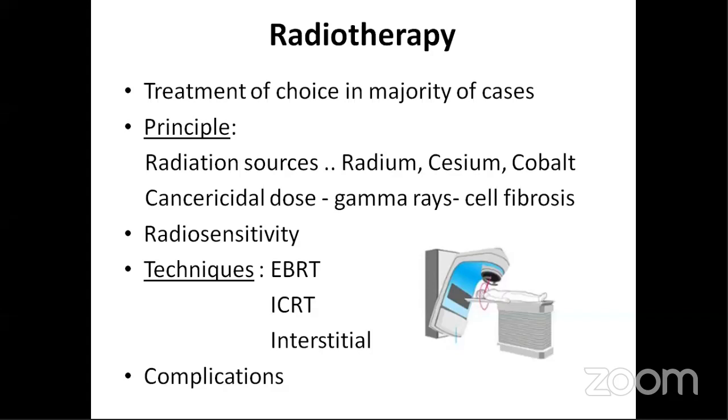Whenever the gamma rays are exposed, the cells undergo death and fibrosis. Because these tumor cells are more sensitive to these gamma rays, they die faster. Even the surrounding normal cells can also get affected if a higher dose of radiation therapy is given.